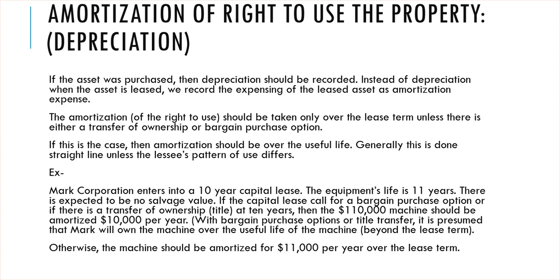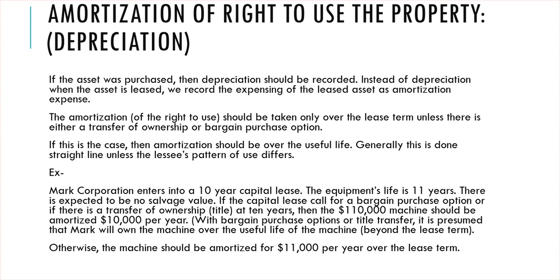Now, what if there was no transfer and it still met the criteria that it is to be called a capital or finance lease? What happens then? If it still meets the criteria and you have no notion that there's going to be a transfer, no bargain purchase option, nothing that says there'll be a transfer, what should you do?